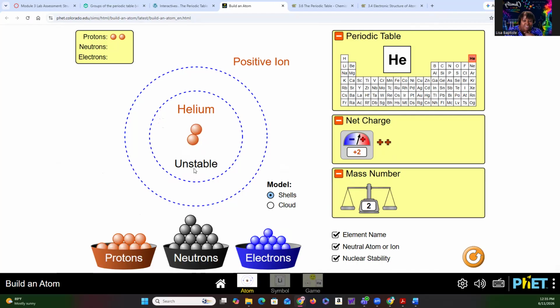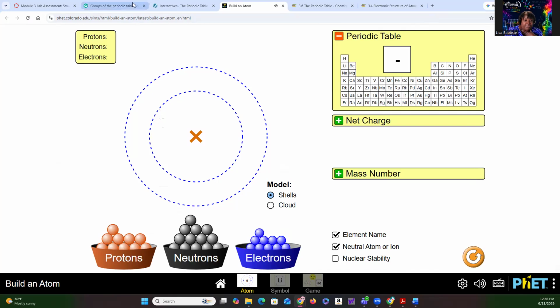Now this is unstable. We have a +2 charge. So say we add 2 electrons back. We add 2 neutrons. Now this is stable. Okay, so play around with this. You can hit this to reset everything. All right.